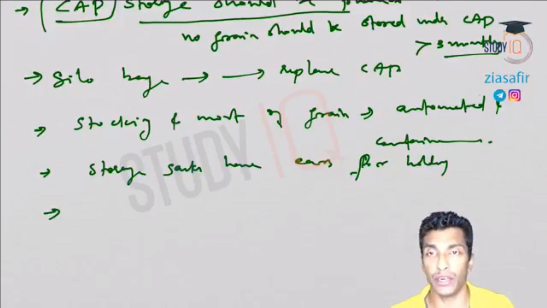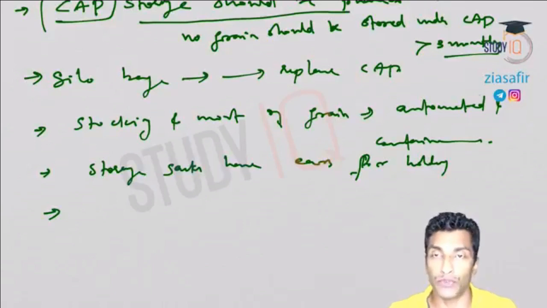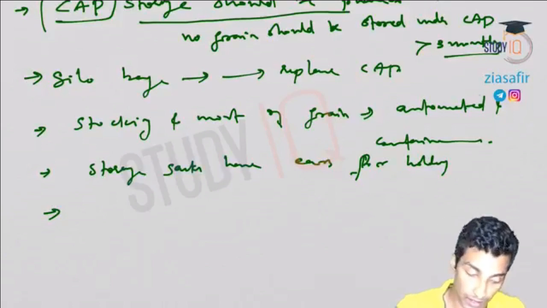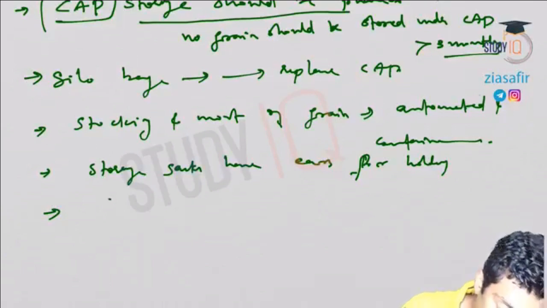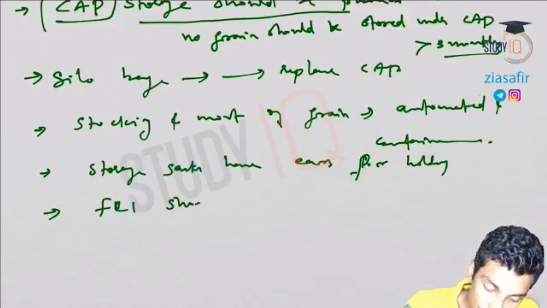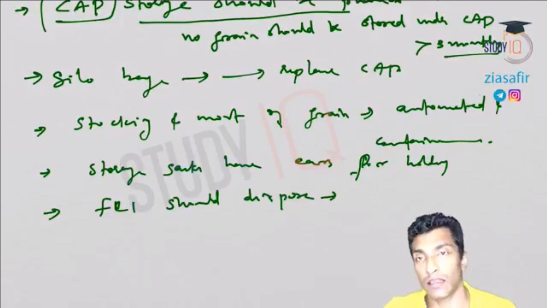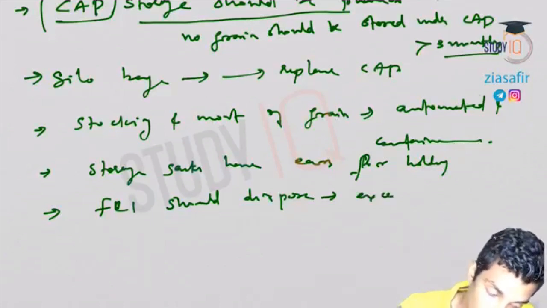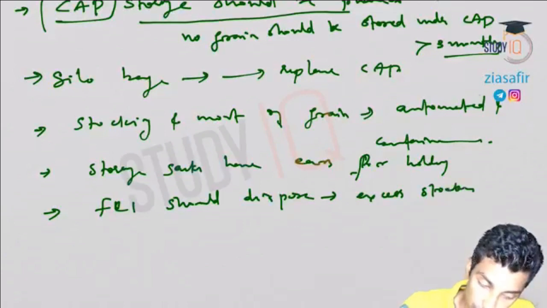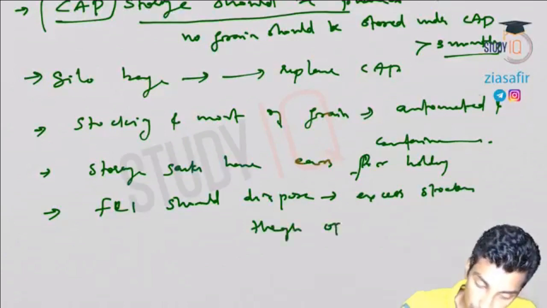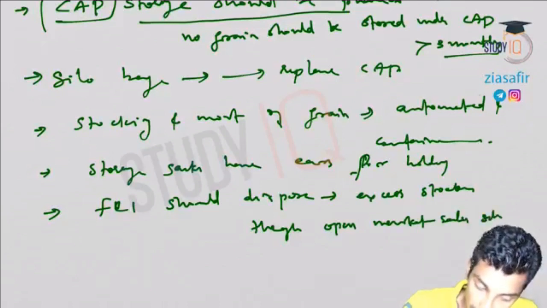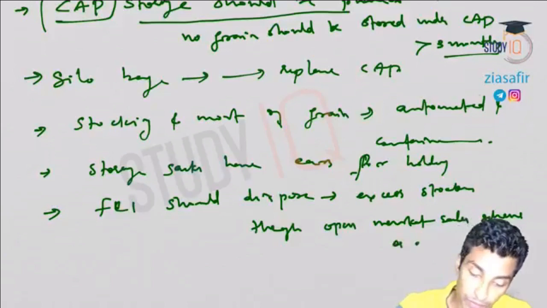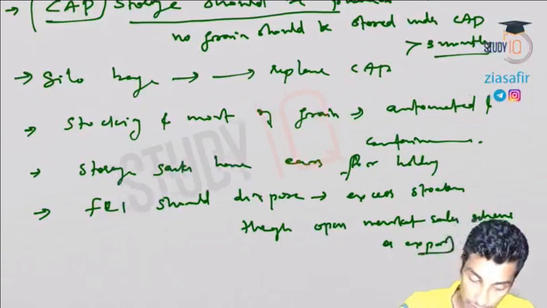Then FCI should sell if you have excess food grain in the open market operation or open market sale schemes. So FCI should dispose excess stock, that means above the buffer stock norms, through open market sales scheme or export, okay.